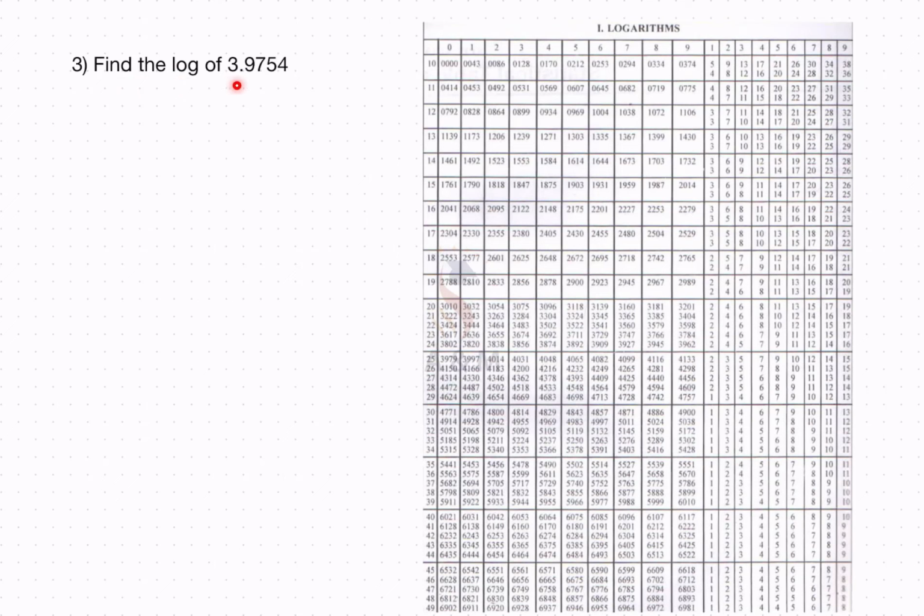Find the log of 3.9754. Here we'll just solve with a simple method. Find the log of 3.9754. Ignore the point, so it will be 39 and the next one is 7. 39 from the row and 7 from the column.